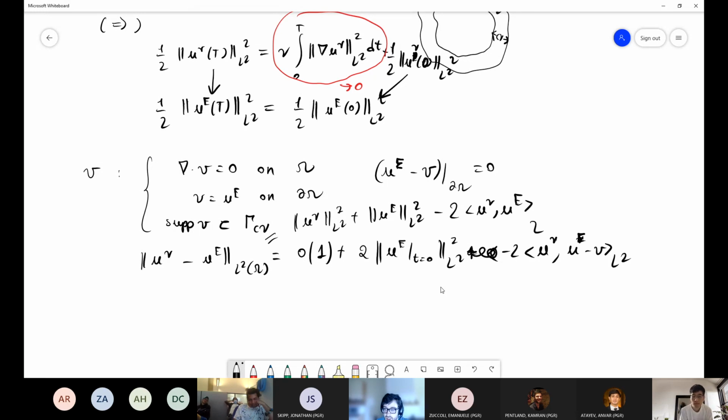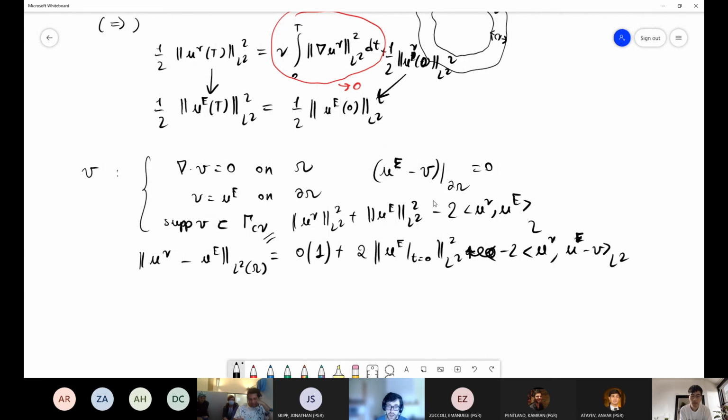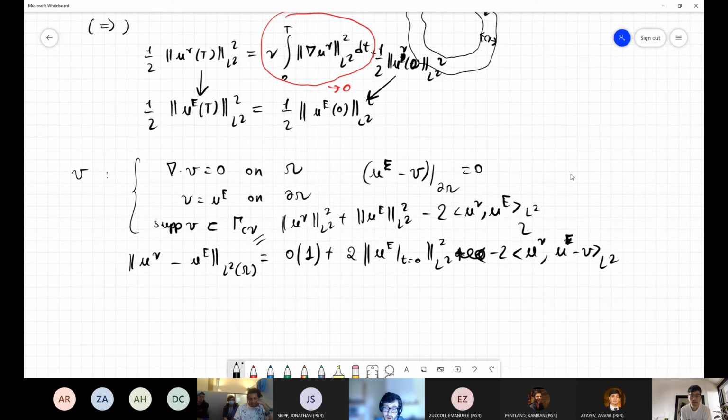So this is asymptotically equal to this as ν goes to 0 because the support of v is contained in this strip of size ν. So if you take the L2 norm, it will scale as a positive power of viscosity.